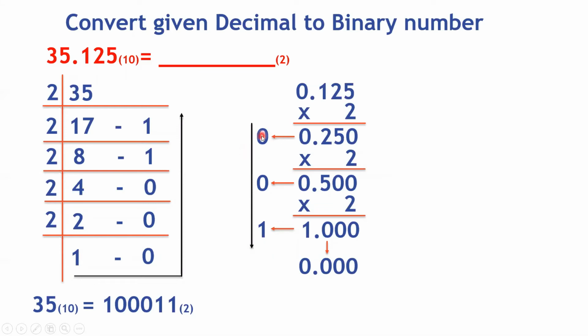Now, how to write this floating point in binary: if it is an integer, we followed the bottom-up approach, meaning from the bottom we wrote up. But in the case of floating point, we are supposed to write from the top and go towards the bottom.